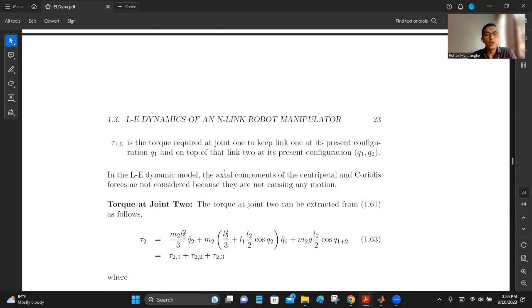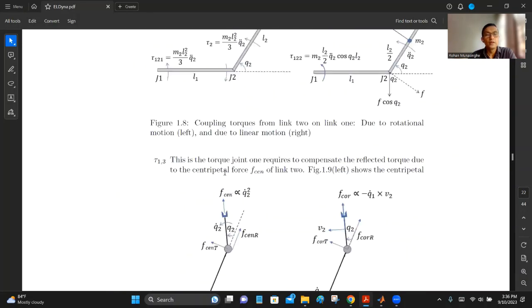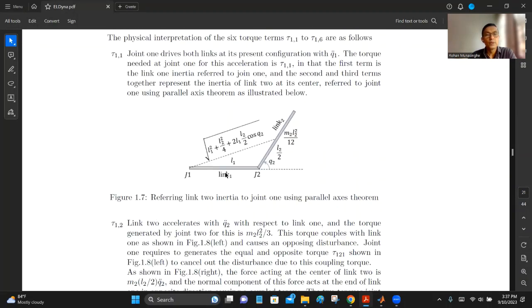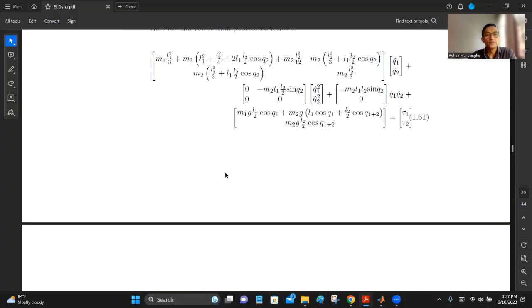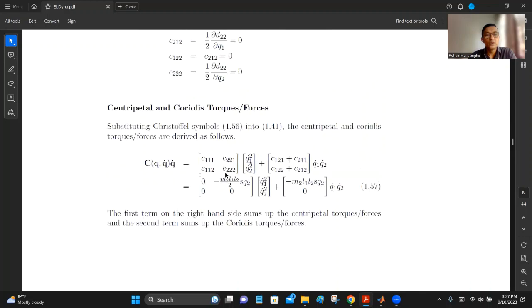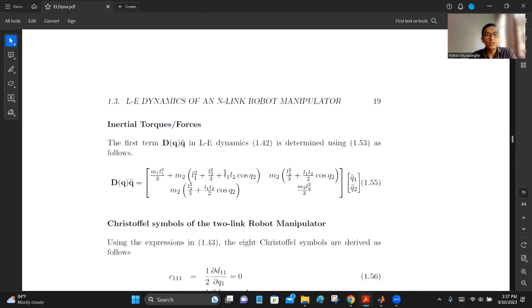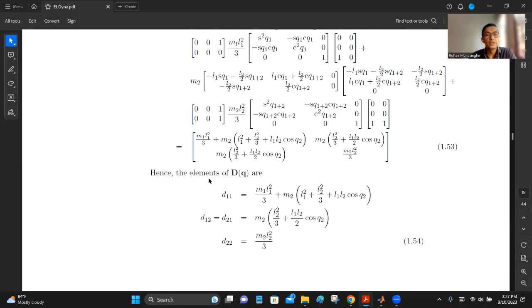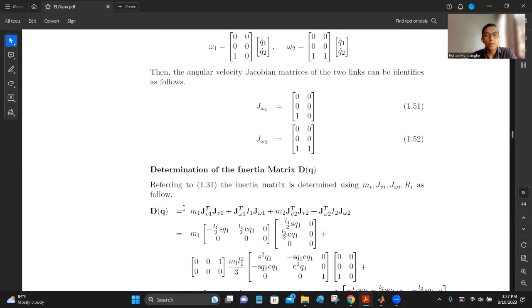So it comes from here. Further up actually. So this is for the two link case. Here you are. So look at this equation.